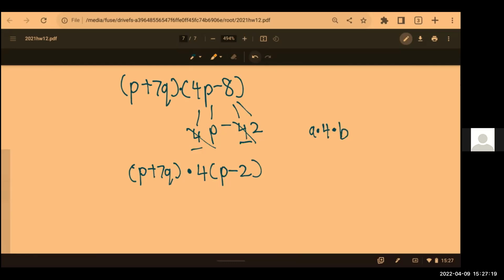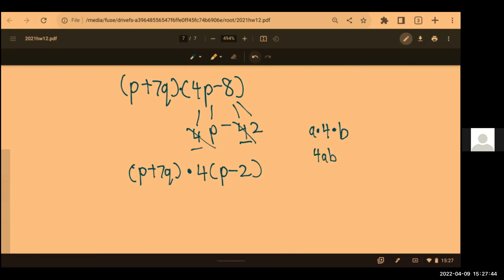Or can you simplify this? A dot 4 dot B. Okay, so can you explain to me why 4AB? Times them together. But why you put the 4 in front? Why not AB4? Or why not A4B? Because normally the number is in front.